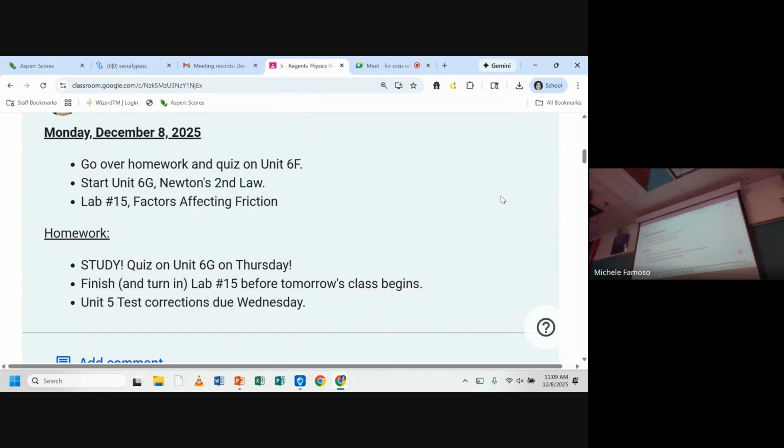We can use the assignment for the diagrams. What's that, Jacob? All righty, thank you.